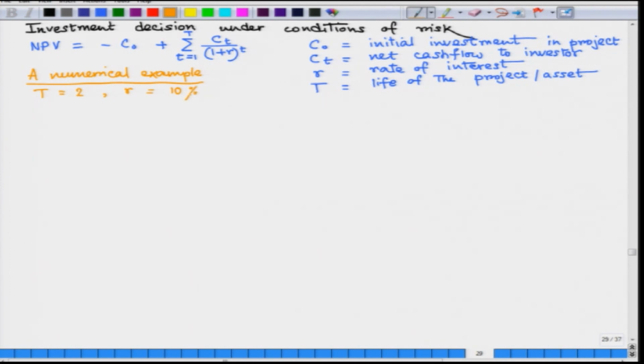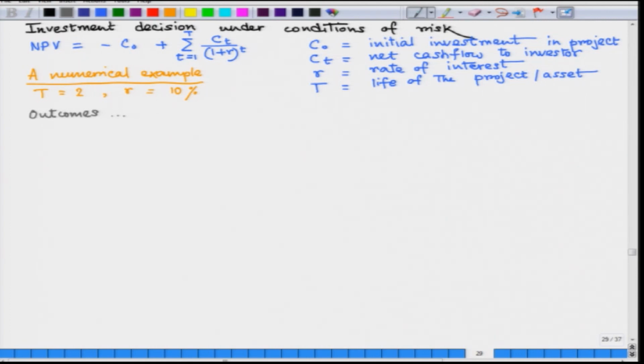These are assumed for simplicity. Now, we are going to look at the outcomes that one can get in an uncertain world. So, this outcome could be, so this is a project or this is an asset.